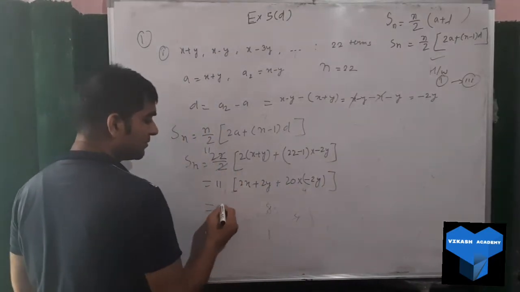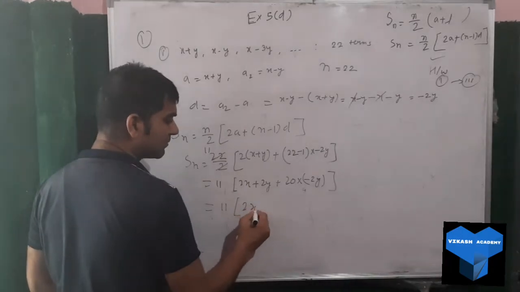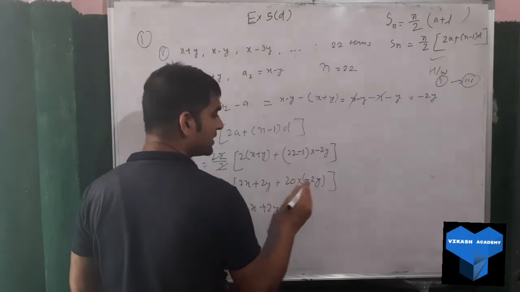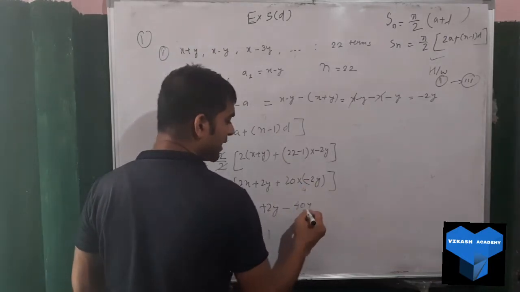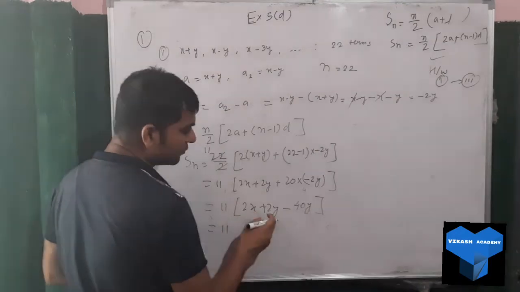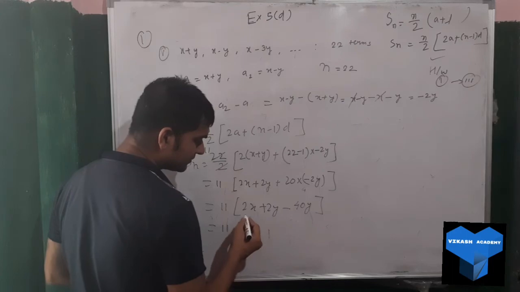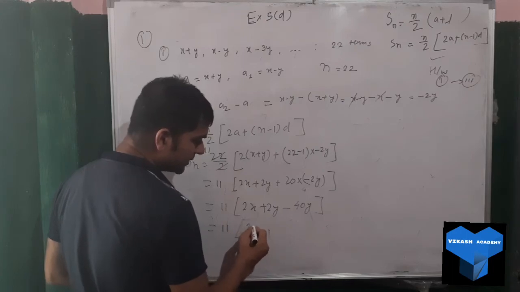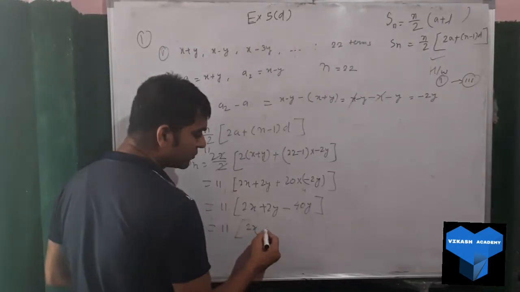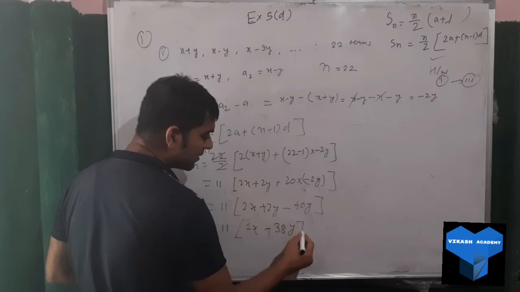So 11 stays, then 2x stays 2x, plus 2y, and plus into minus gives minus 20 into 2, which is 40y. So 11, then 2x, 2y, minus 40y. We can write 2x plus 2 minus 40, which is minus 38, times y.